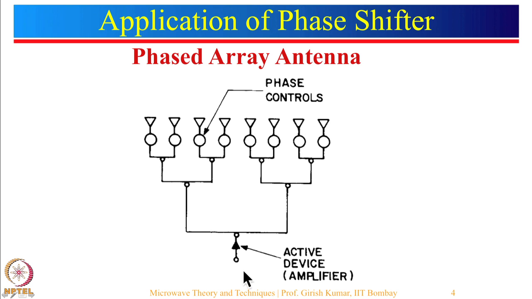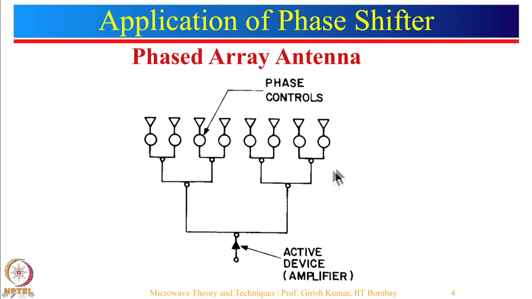Let us say that we have a signal over here which is amplified, and this signal is divided into 2 ways. We have already talked about 2-way power divider, then another 2-way power divider, then another 2-way power divider. So, you can see that this entire combination is nothing but 8-way power divider, and then we have 8 phase shifters connected over here, and these phase shifters are connected to 8 different antennas.